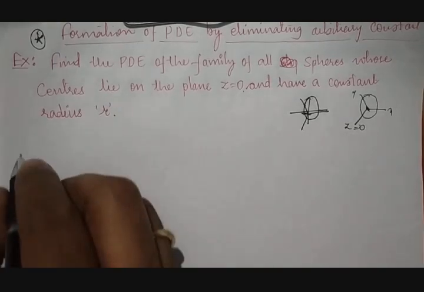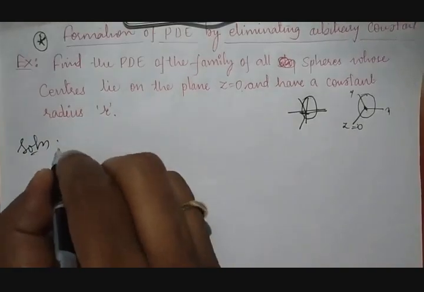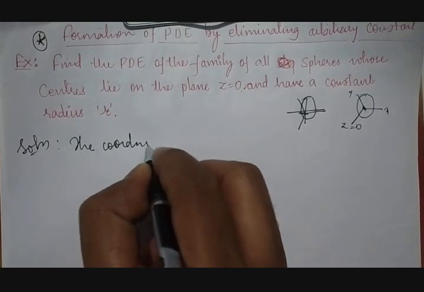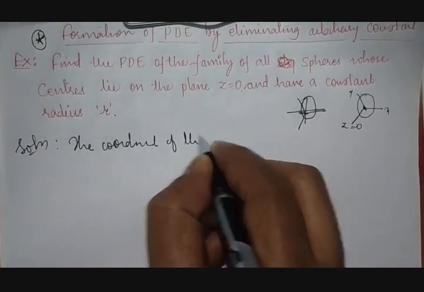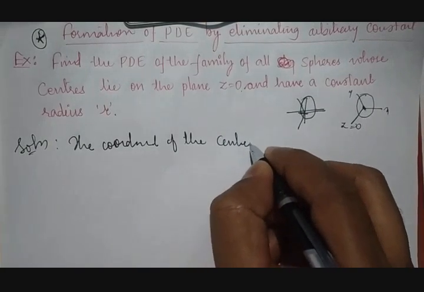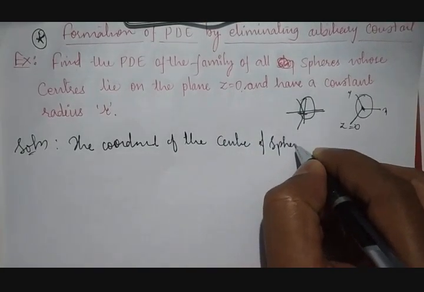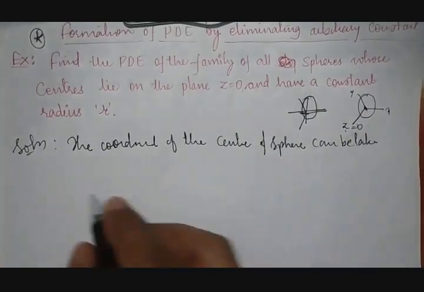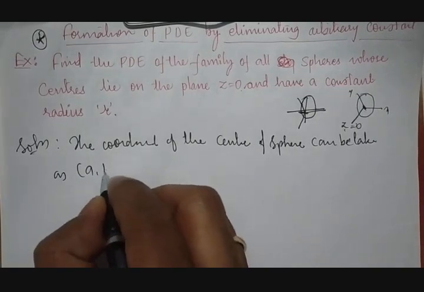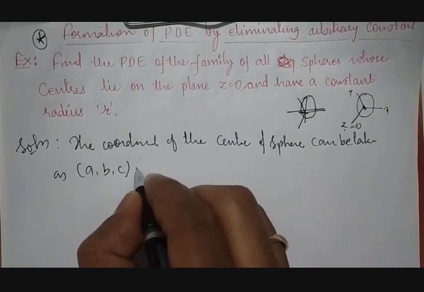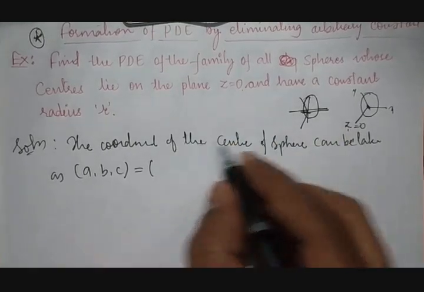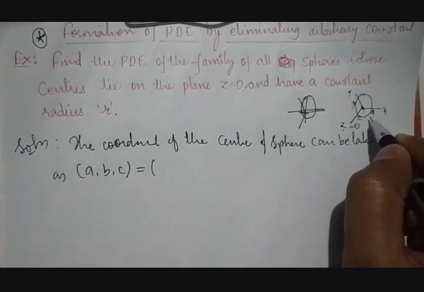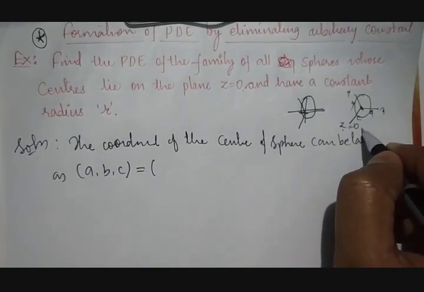So let us see what to do first. First we write down the description. Coordinates of the center of the sphere can be taken as a comma b comma c, but as per the given thing, a lies on x, b lies on y and c lies on z, and that z is already given as 0.